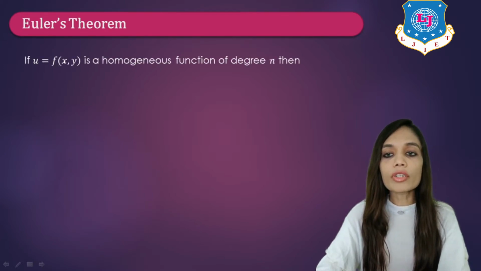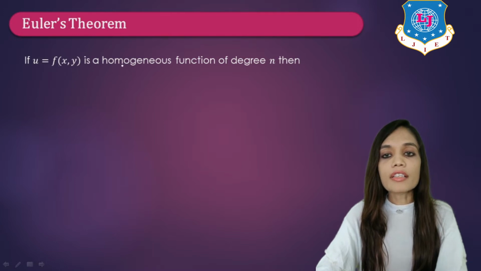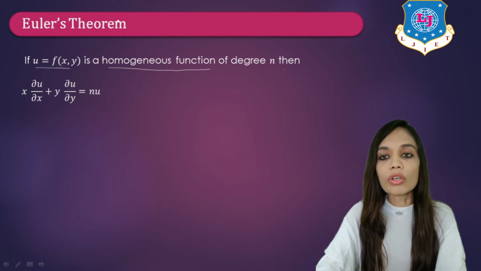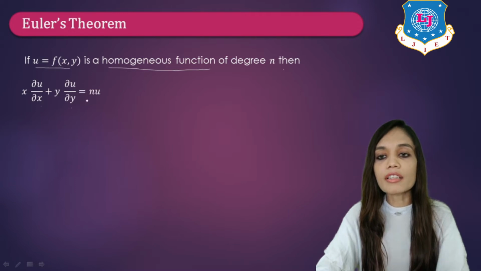If u is equal to f of x comma y is a homogeneous function of degree n. So firstly u should be a homogeneous function compulsory, then only we can apply Euler's theorem. Then x del u by del x plus y del u by del y is equal to n into u.